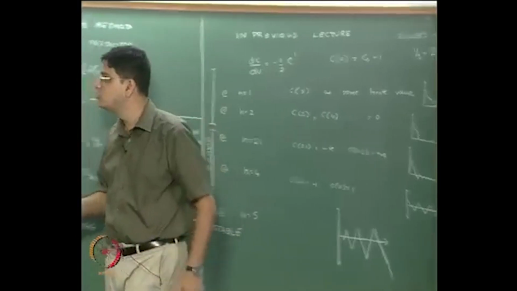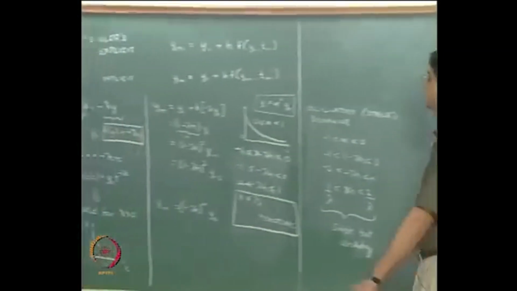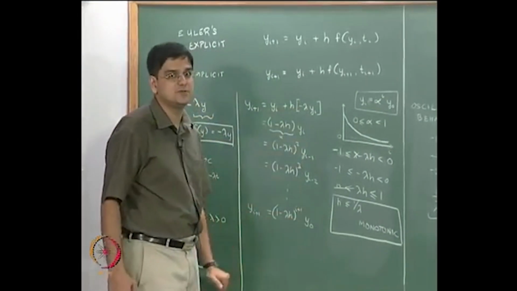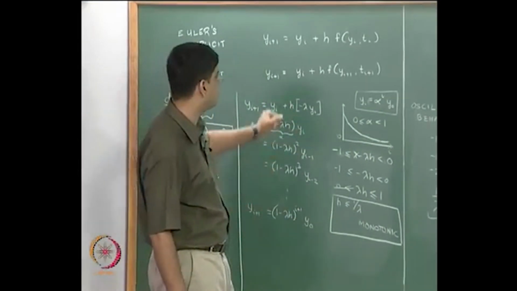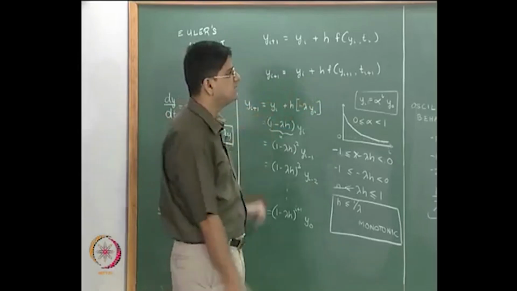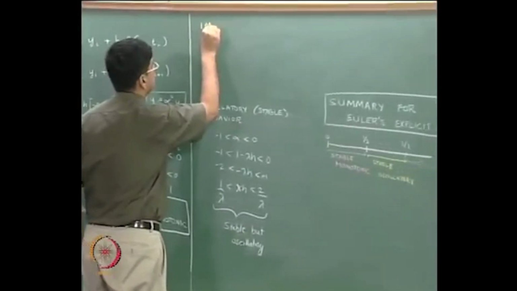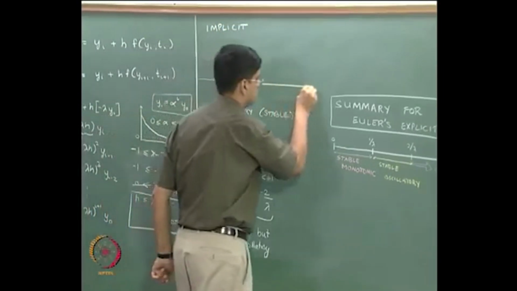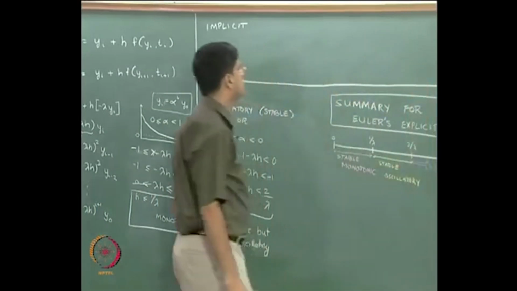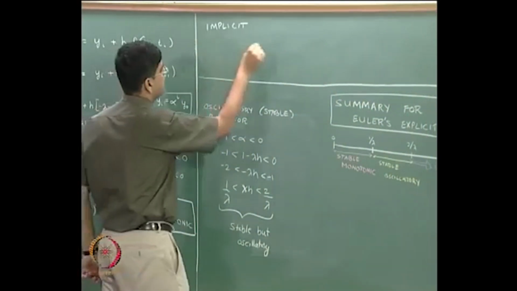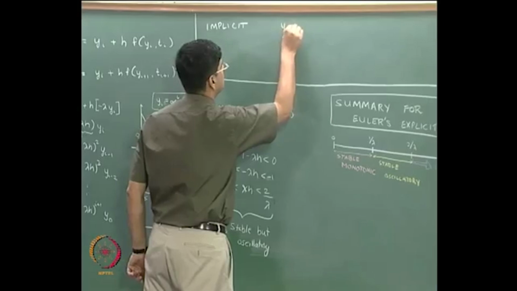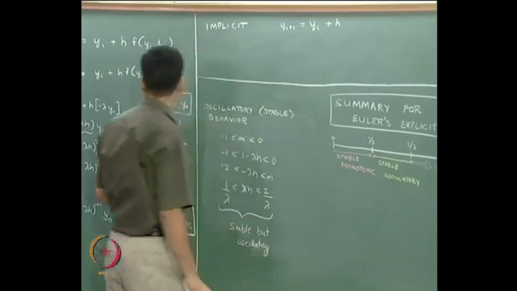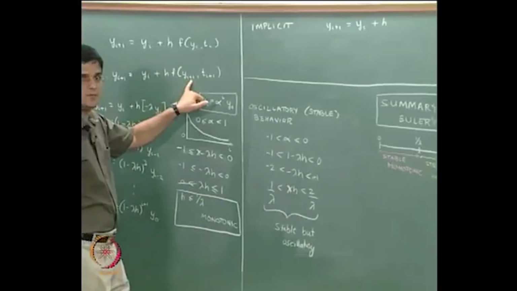So, let us go back to our derivation that we had done for the Euler's explicit method. So, this is the derivation for the Euler's explicit method. I will repeat the derivation for Euler's implicit method. For Euler's implicit method we had y i plus 1 equal to y i plus h times f of y i plus 1.